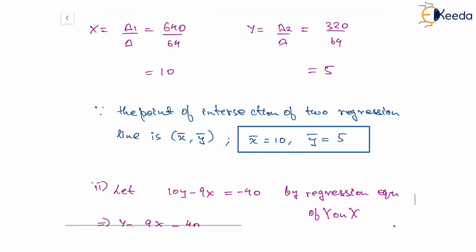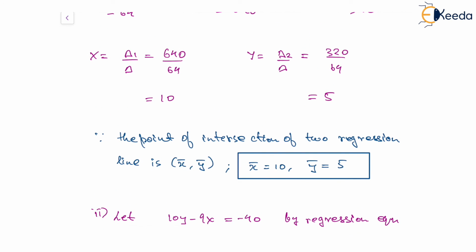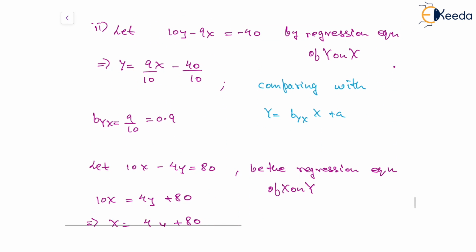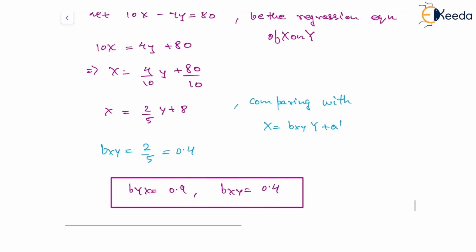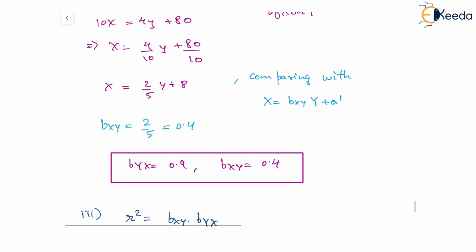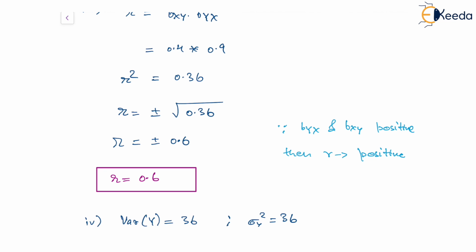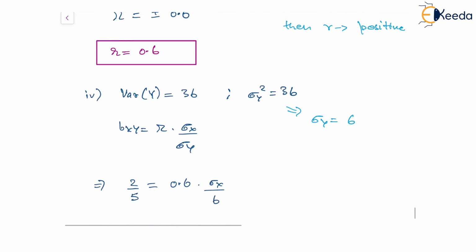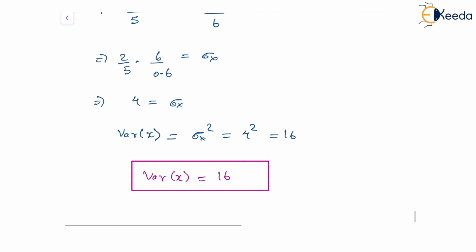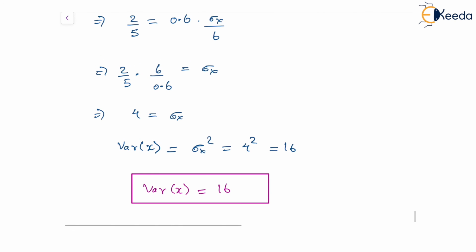Starting with the first one, where we had to find the x mean and y mean, which is found by the intersection of the two regression lines. The second part was about the coefficients of regression byx and bxy. The third part was about the correlation coefficient, which is r equal to 0.6, and the fourth part was about the variance of x, which is 16 in this case.